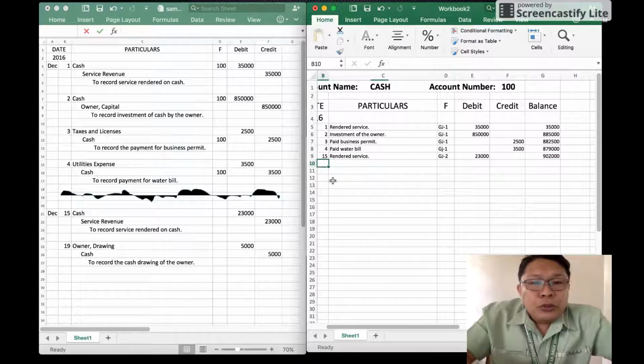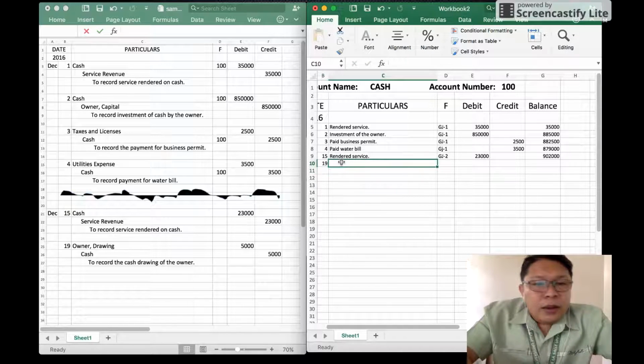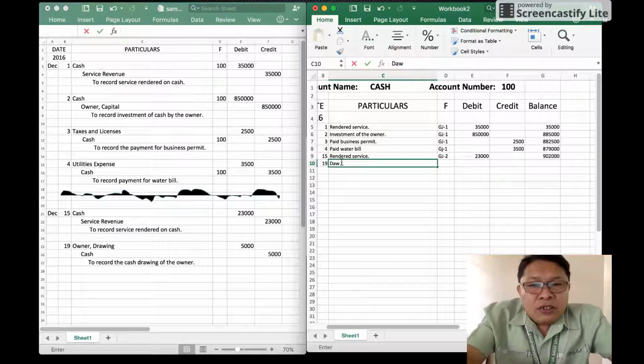Proceeding to the next entry is December 19, and there is a cash drawing of the owner. We have to credit cash and explain the particulars in our ledger that this is drawing of the owner.